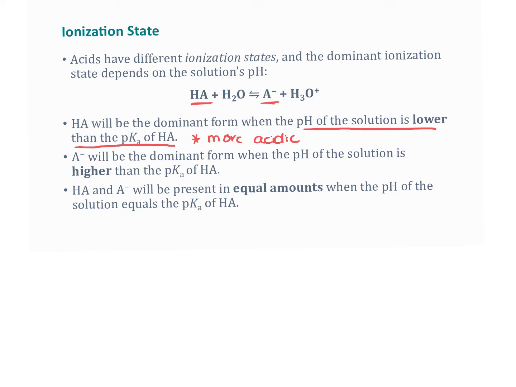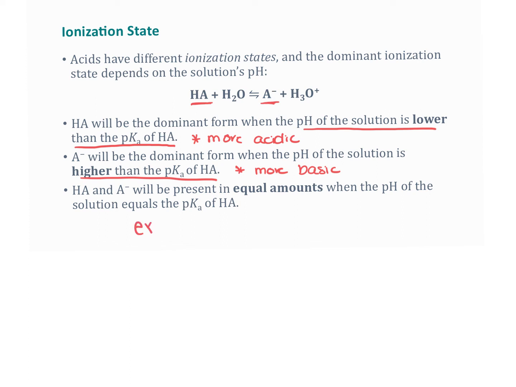A minus will be the dominant form when the pH of the solution is higher than the pKa. And I like to think of that as being more basic, right? And then the acid, the HA, and the A minus will be present in equal amounts when the pH of the solution equals the pKa.